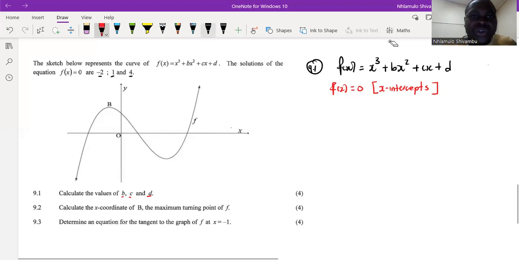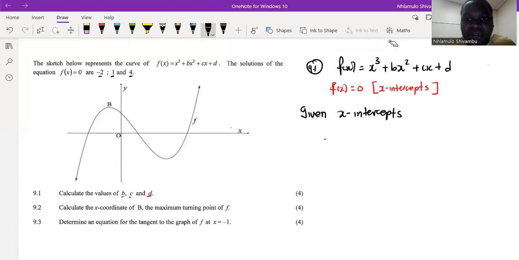So I want you to know this going into your final exam: always, when you are given x-intercepts, the convenient method of determining the equation of a curve is f of x equals a times x minus x1 times x minus x2 times x minus x3, whereby x1, x2, and x3 are the x-intercepts.